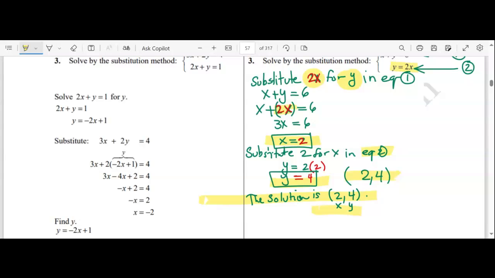Now we're going to go for the third method, which is called what? Addition.